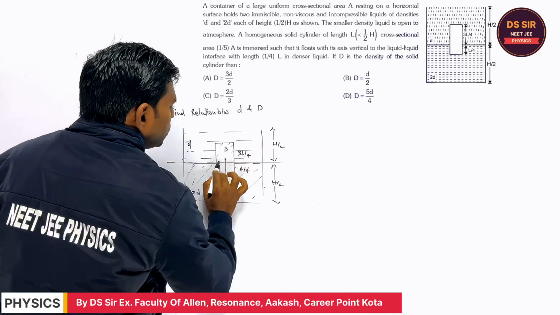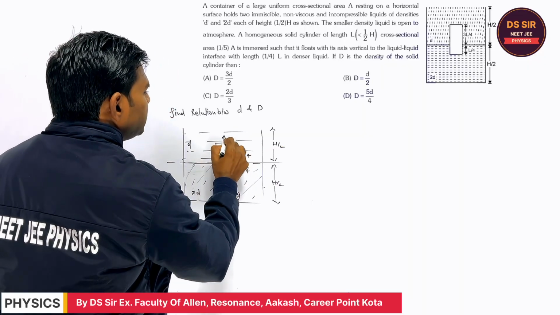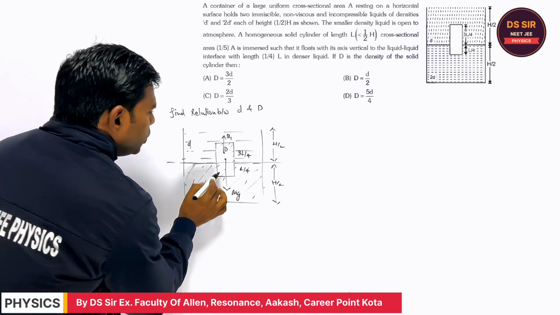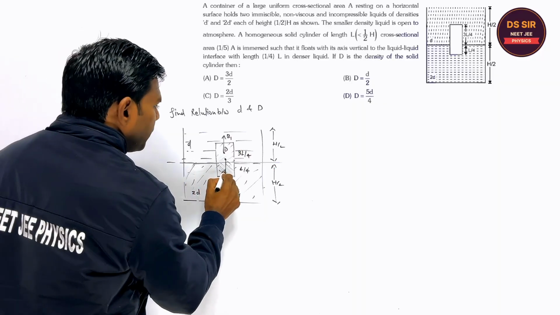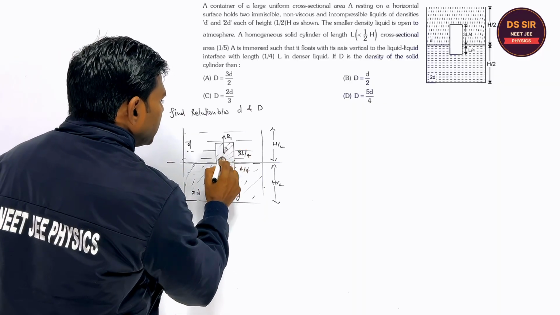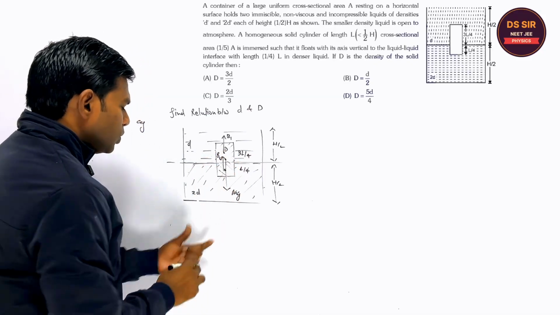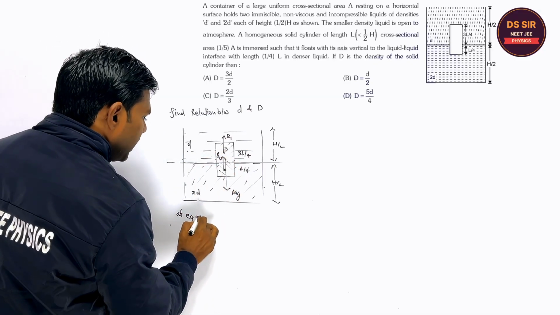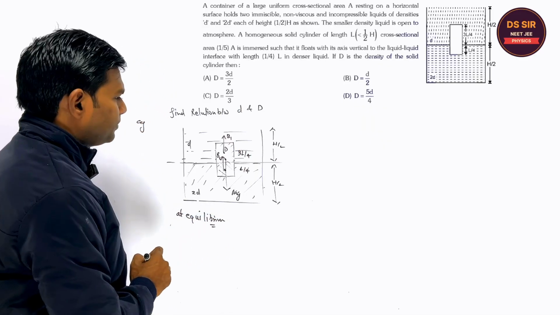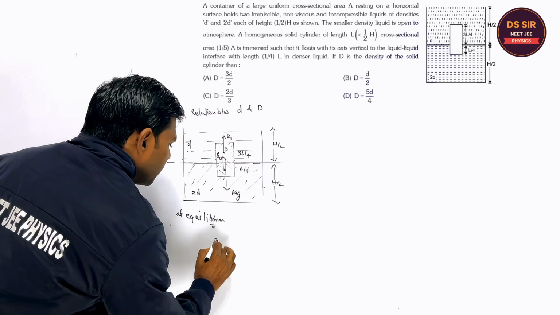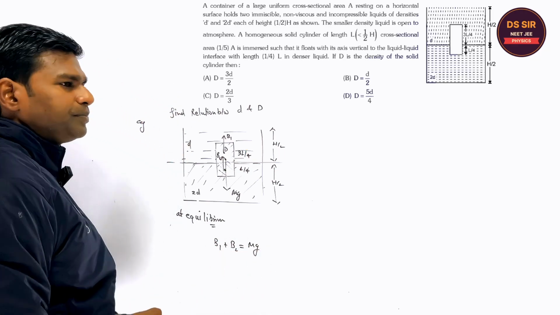The force due to this displaced liquid whose density is d, the buoyancy B1, and due to this displaced liquid whose density is 2d, the buoyancy B2, will be acting in the upward direction. So B1 and B2 will be acting. So at equilibrium, what condition will you apply? The mg is balanced by B1 plus B2. Is it fine or not?